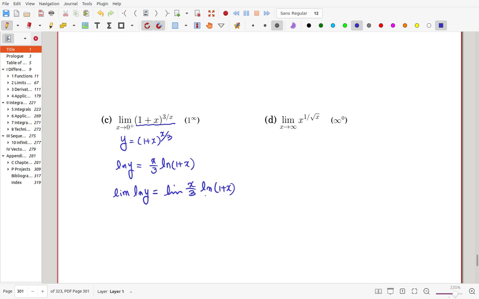But both of them are approaching 0, so that is 0. Quite easily we can see the value is 0.